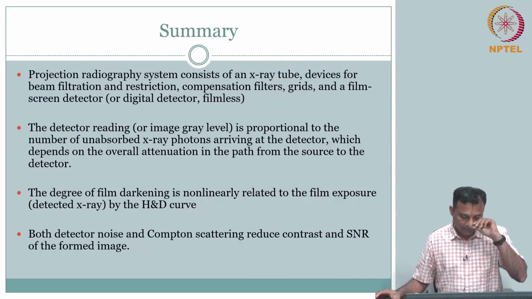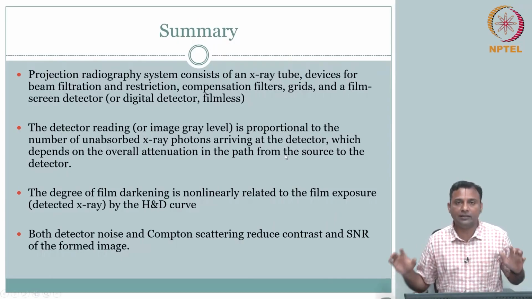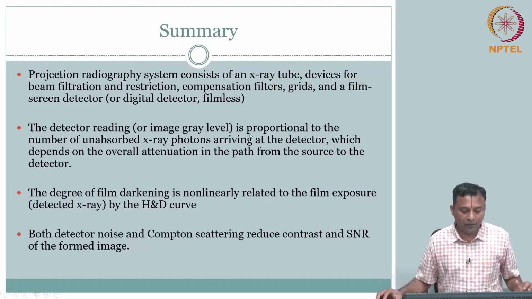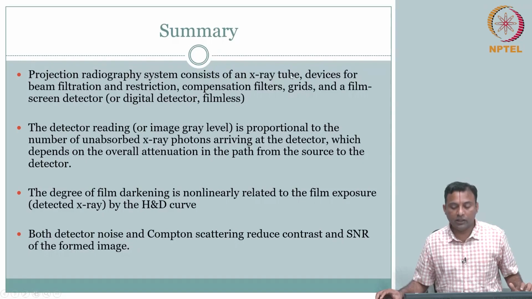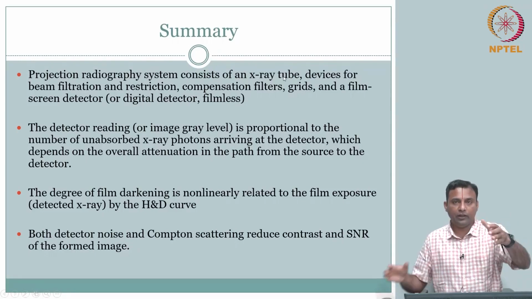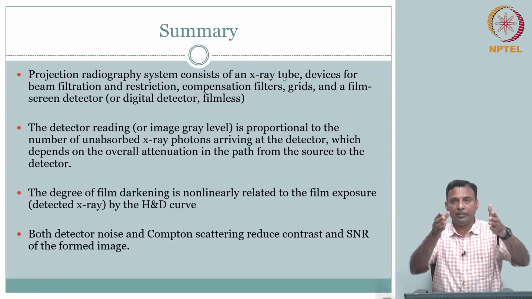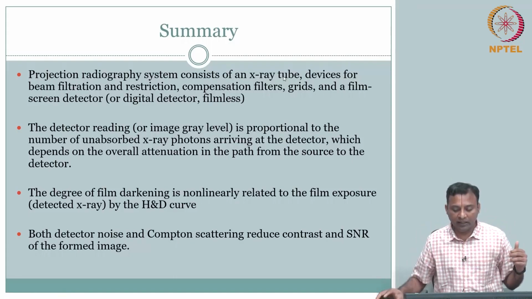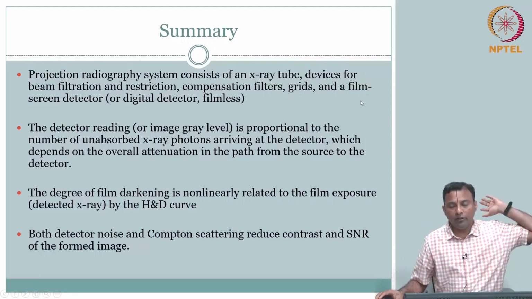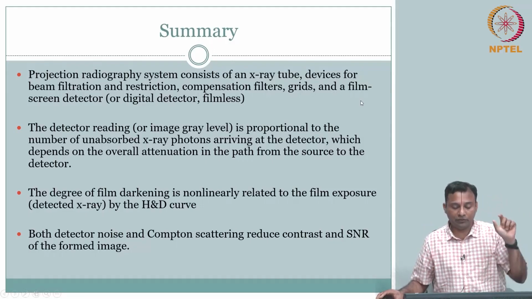So, now we will just summarize what we have covered so far in projection radiography. We talked about the system consisting of your X-ray tube and all the other parts: filtration, field of view restriction, compensation filters, grids, including the film detector, in fact the intensifying screen.